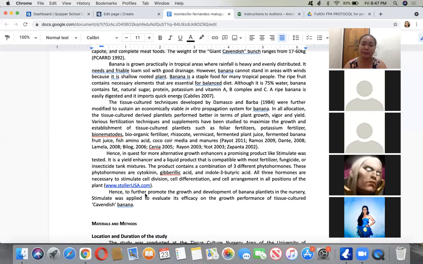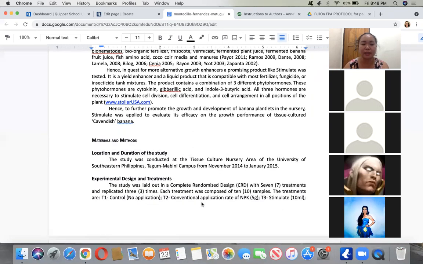But if it's your own idea, although sometimes it's already found in reading materials or literature, but you believe in that idea, you don't need to put the reference. And then the main purpose why you conduct this study: to try the stimulate growth promoter for the plantlet banana in Cavendish. And then the methods.